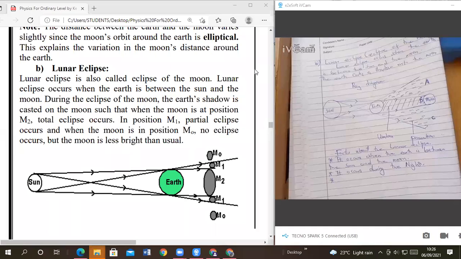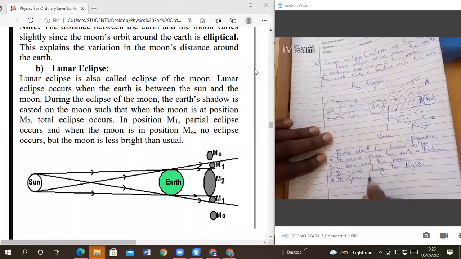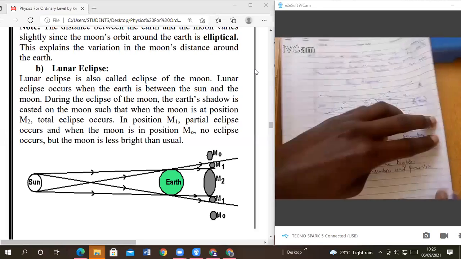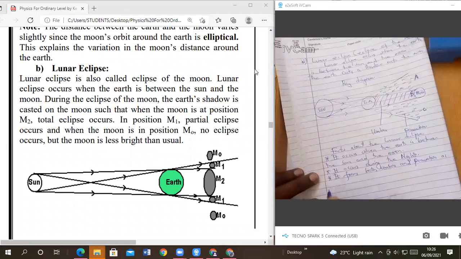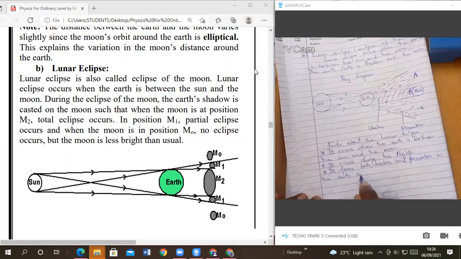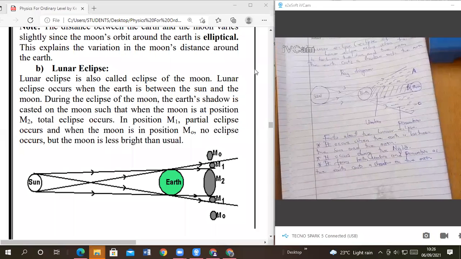You can just say it to make it simple: it forms both umbra and penumbra as the earth casts a shadow on the moon.